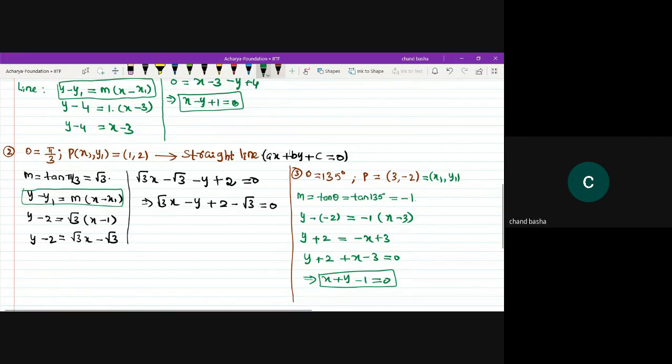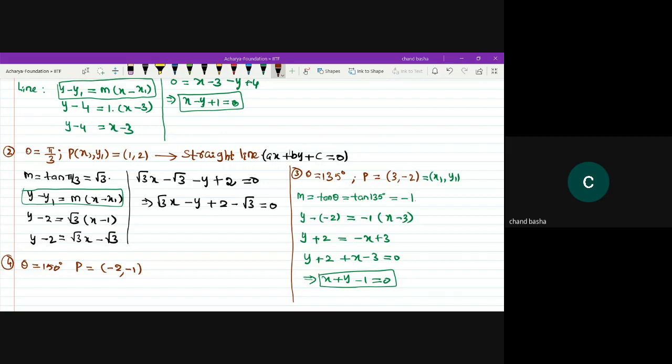Point number 4, fourth problem. Theta value is given as 150 and P point is given as minus 2 comma minus 1. Be careful when we have the negative values.